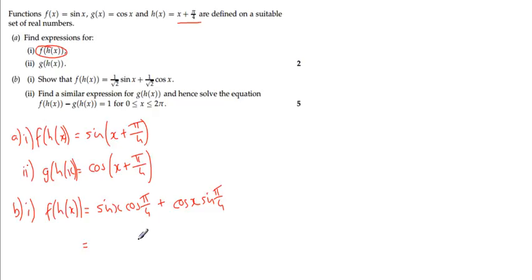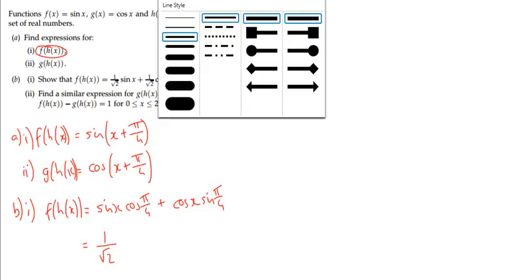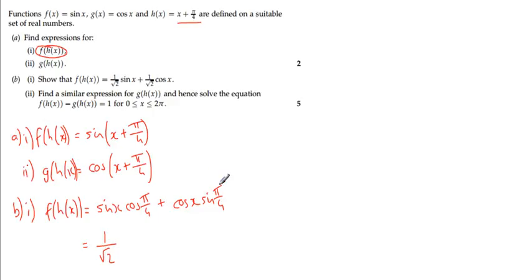Looking at that, we know the values for cos pi over 4 and sine pi over 4. Pi over 4 really means 45, and for both cos and sine, that's 1 over root 2. So it's 1 over root 2 sine x plus 1 over root 2 cos x, hence shown.